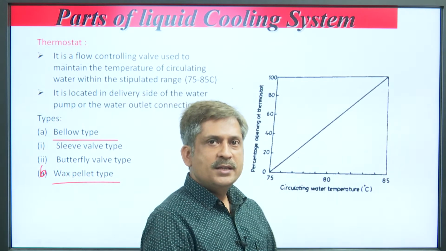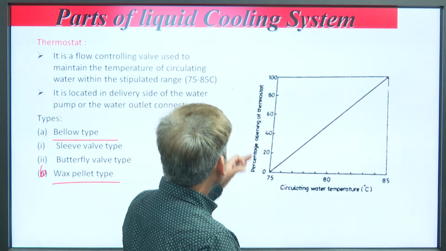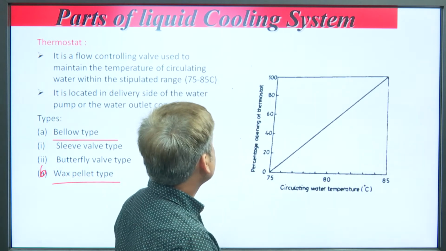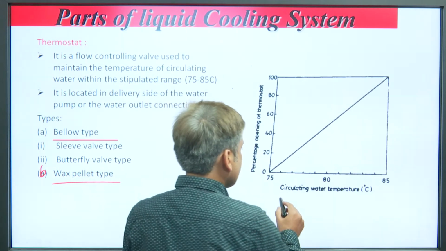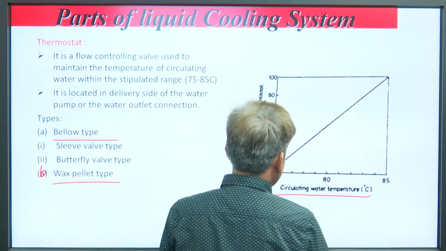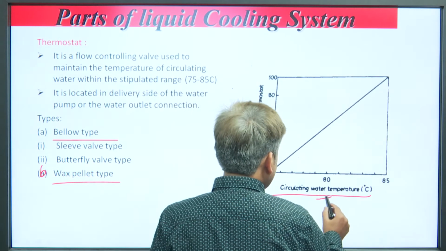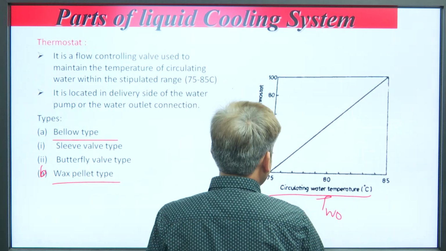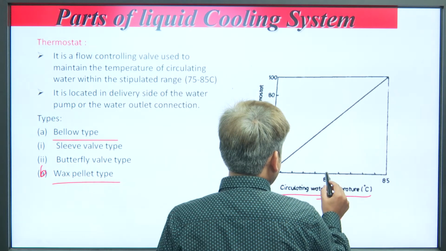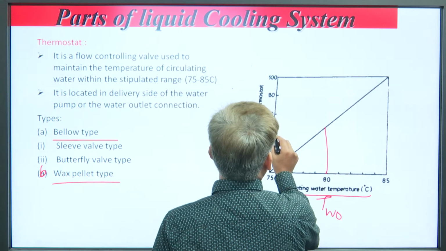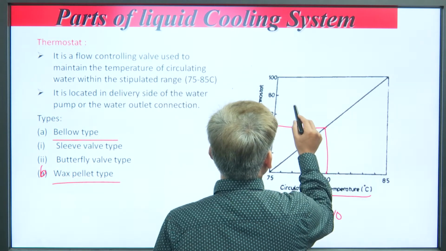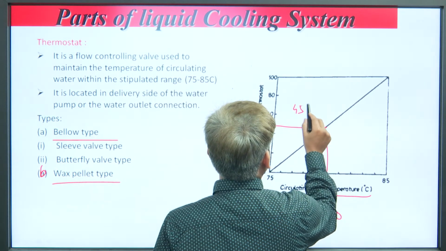You can see here the percentage opening of the thermostatic valve with respect to circulating water temperature. If the circulating water temperature is 80 degrees Celsius, then this valve will be opened approximately 45%.